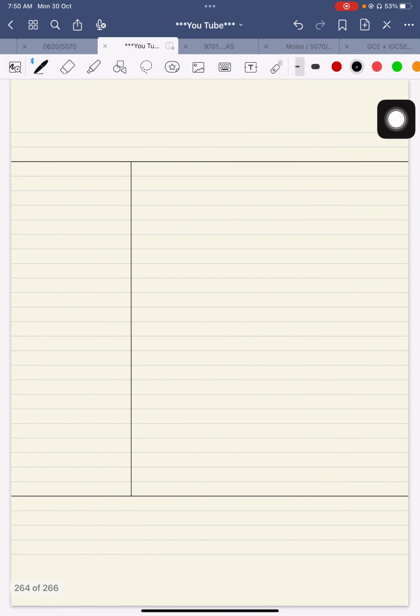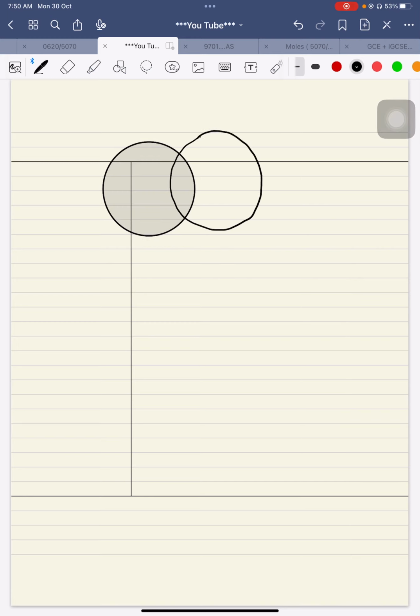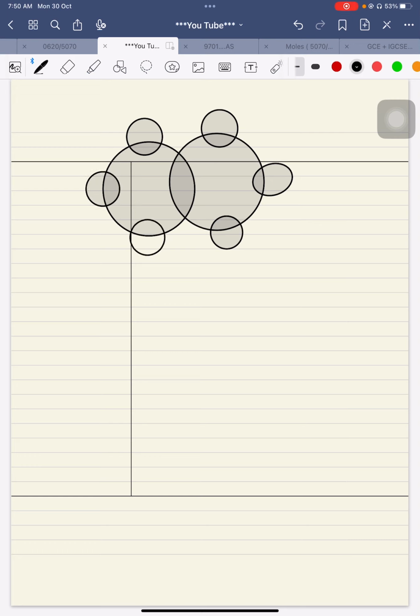Okay, can you look here? This is one carbon, this is another carbon. All right, this is one hydrogen, this is another hydrogen, this is third hydrogen, this is fourth hydrogen, this is fifth hydrogen, and this is sixth hydrogen. All right, so these are the carbons and these are the hydrogens here.